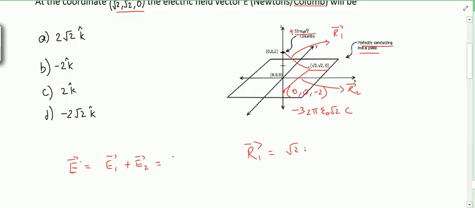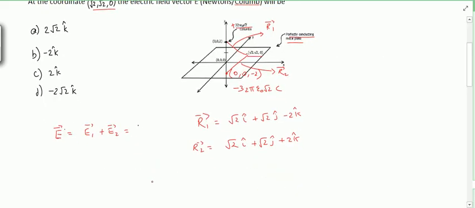So it will be root 2 i cap plus root 2 j cap, and 0 minus 2 will be minus 2 k cap. Similarly the r2 vector will be root 2 i cap plus root 2 j cap, and 0 minus of minus 2 will become plus 2 k cap. Understood? So we can now simplify this.